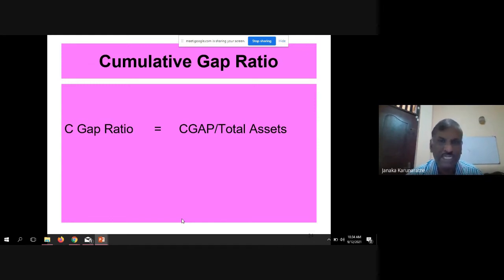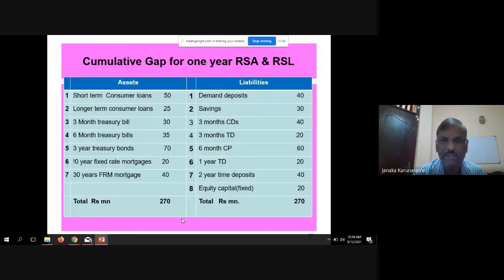But if you set 70, it will always stop at 70. Or sometimes, if it's going to exceed 70, it will give a signal. If you can't set the limit, at least it will give a signal: okay, now you are reaching 70. Then you have control, right? So whenever you see the cumulative gap is changing adversely compared to your C-gap ratio, then it is an alarming signal, right?